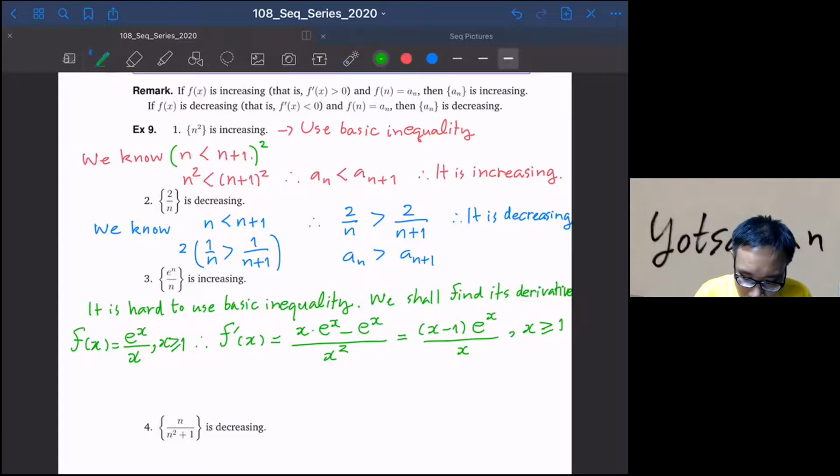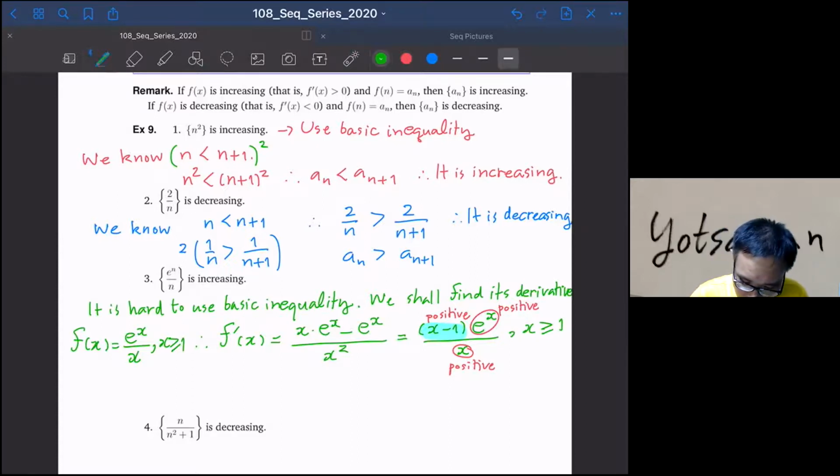And you see that when x is greater than or equal to 1, this term becomes positive. So this term is positive, this term is also positive, and e to the x is also positive. So in this case, you're going to have f prime turn out to be positive.